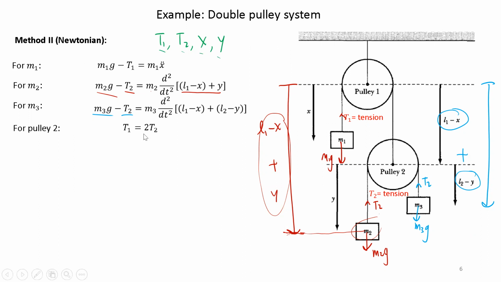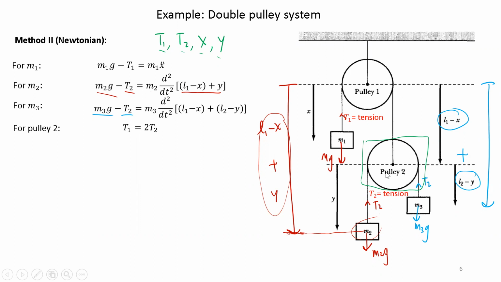It comes from considering the pulley itself. This pulley is also doing motion. That one is a little bit unrealistic, and I forgot to mention it earlier, but here we assume the 2 pulleys are massless, so we neglect the mass of the 2 pulleys.